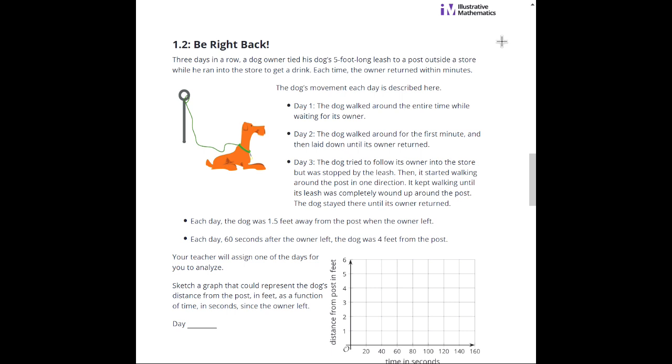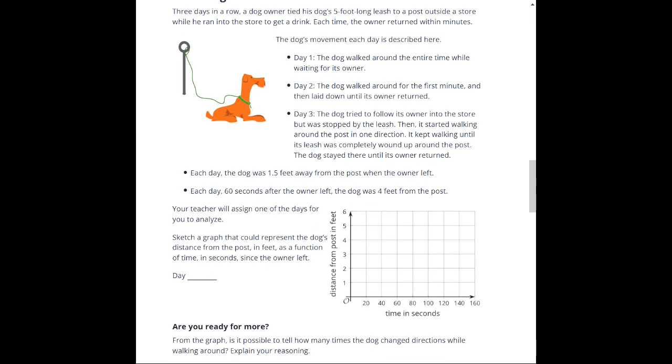Okay, so let's take a look at our graph here. On the bottom, we have our time in seconds. Okay, that's our x-axis. And on the y-axis is the distance from post in feet.